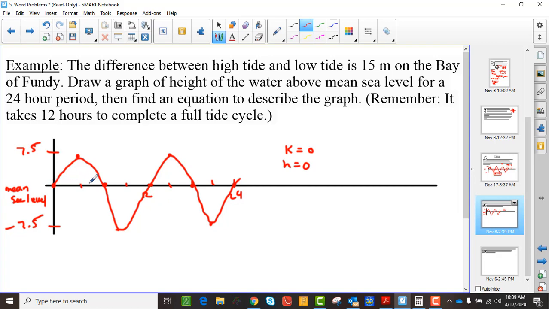If it says to start at low tide or high tide, your h value is going to change. But since it doesn't say, I'm always going to start in the middle. The a value is 7.5, and the b value is the same as the last example. It's 2 pi divided by 12, or pi over 6. So your equation just becomes 7.5 sine of pi over 6 times x. You can use h and t if you want to, height and time, but that's the idea.